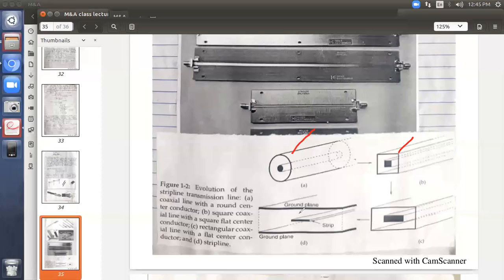The third one is a rectangular coaxial cable. Then this one is your strip line. Basically the strip line looks like this. Under strip lines, again we have different categories. Depending on that, we'll be getting across different strip lines. This is one example of such a strip line.